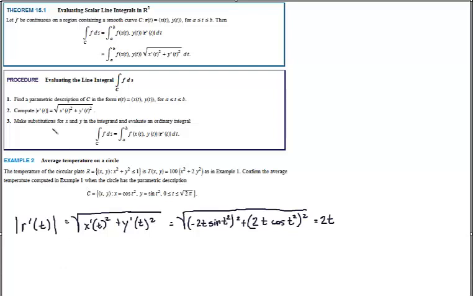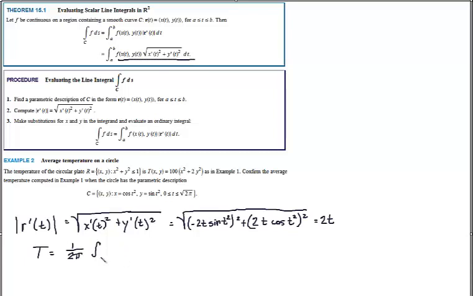Now let's do our average temperature. Our average temperature is going to be 1 over our length, and we got that in the previous example, so I'm just going to write this as 1 over 2 pi. And this is our new stuff. We're going to be integrating this in this format.